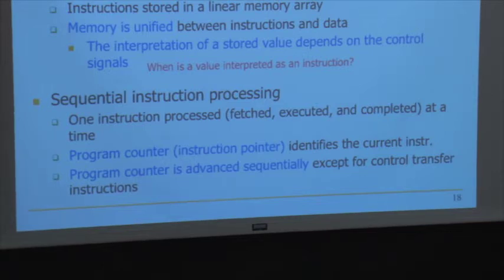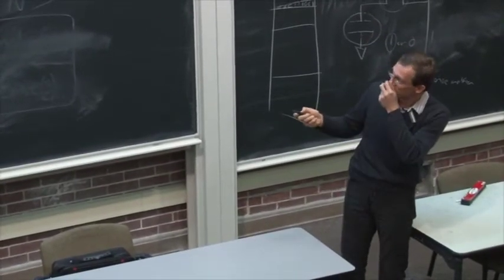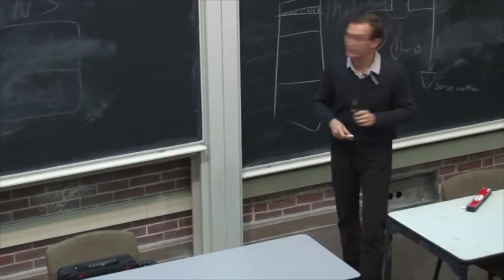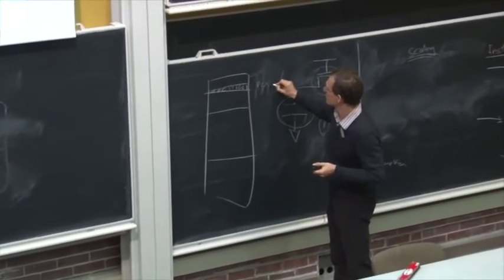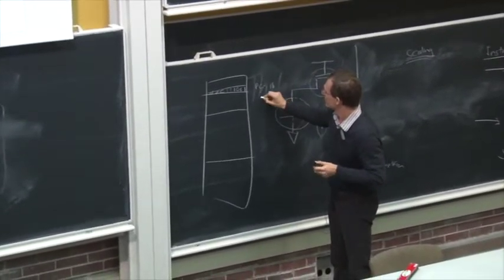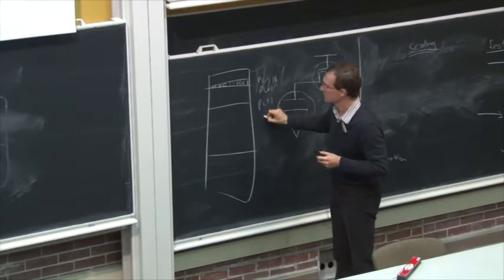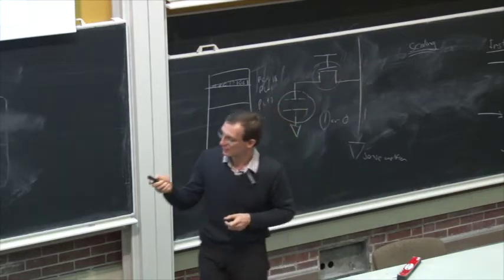But unfortunately, we have a lot of terms that have just stuck. So program counter means instruction pointer. And the program counter is advanced sequentially, except for control transfer instructions. So you start from PC, let's say, equals 10. You go to PC plus 1, PC plus 2, PC plus 3. Right? It's sequential processing. Okay.